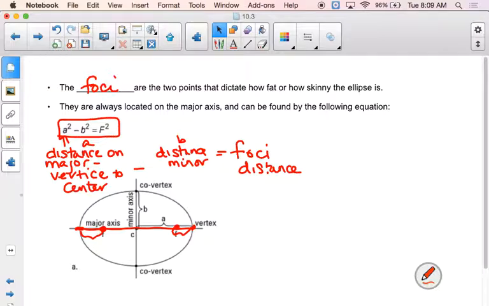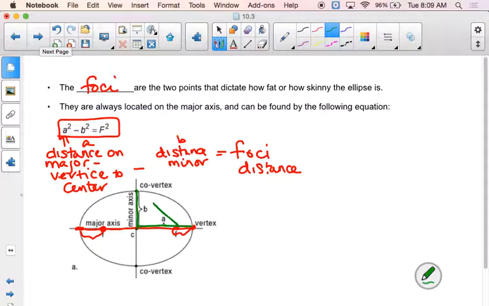If you think about it, you're talking about this distance here, and if you subtract this distance here, we're making a right triangle, and it backs into using the Pythagorean theorem.